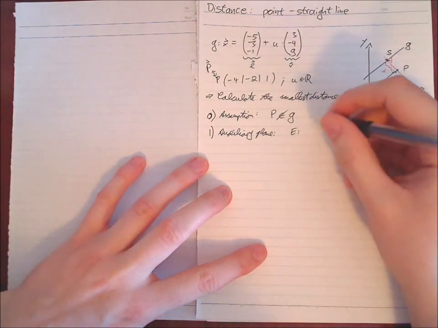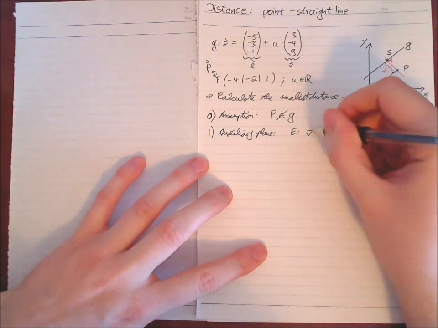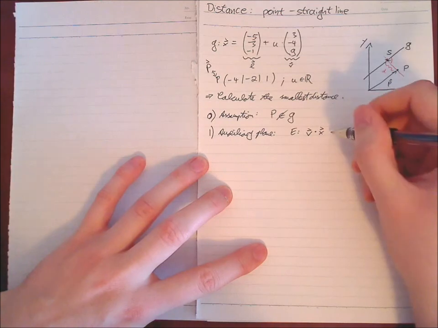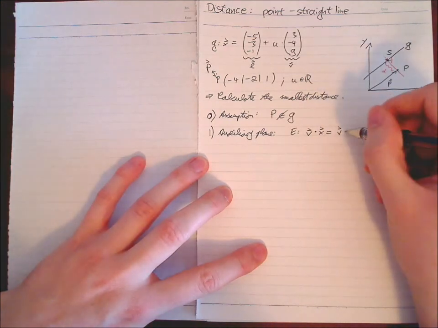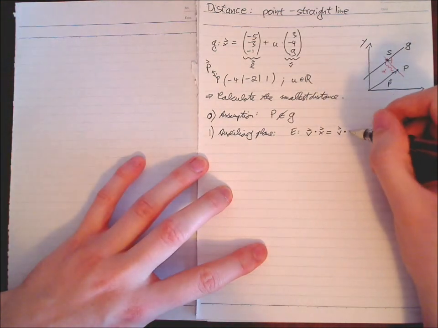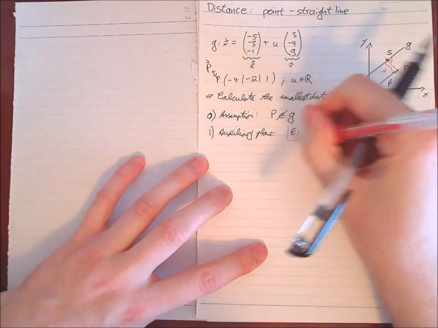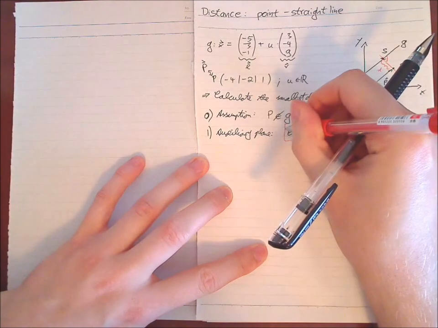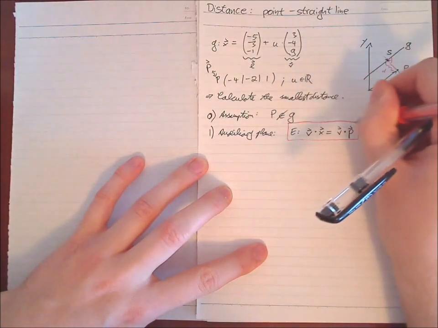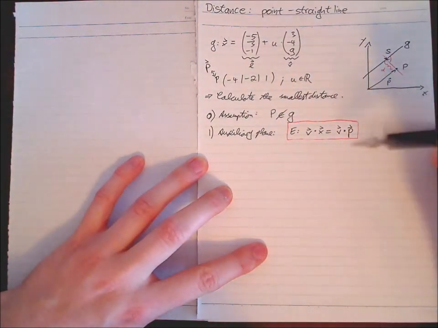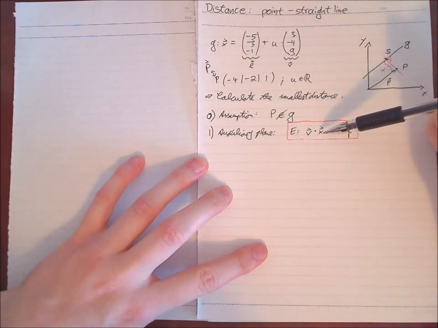So the auxiliary plane, therefore, is V times X equals V times P. This is a formula you should keep in mind, and the rest is quite straightforward if you know the formula. And what is X exactly?